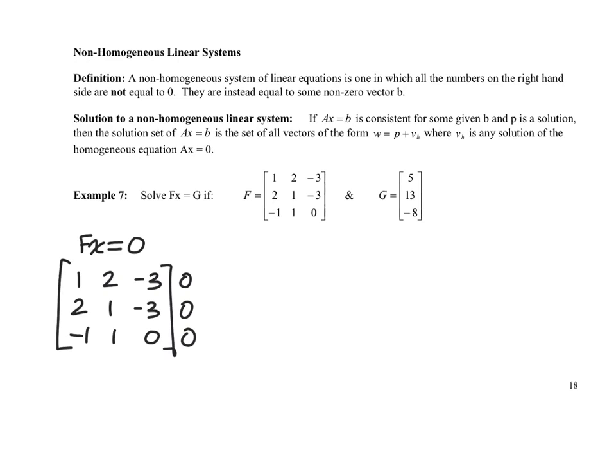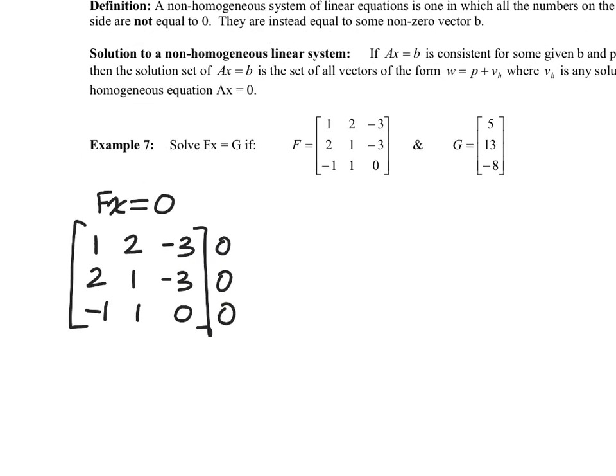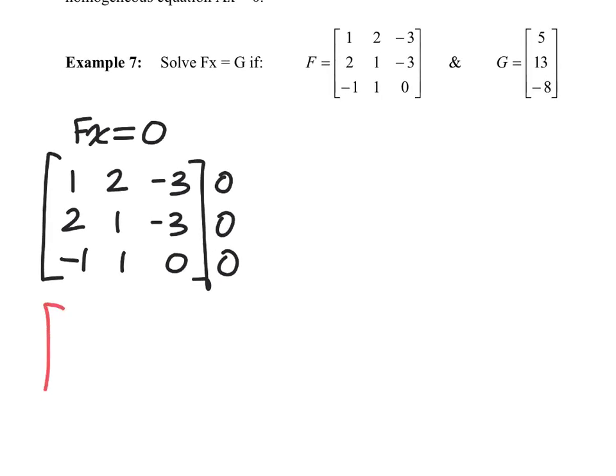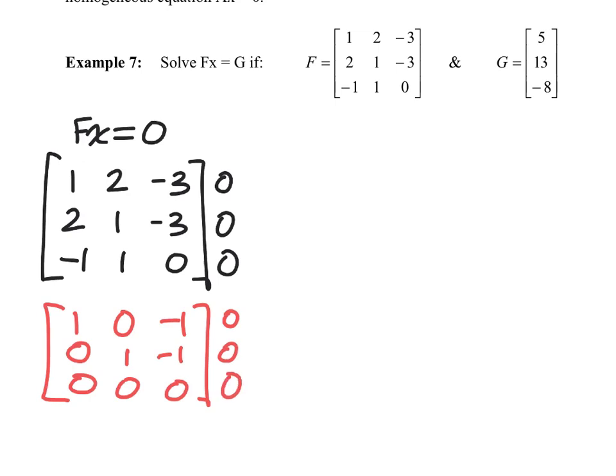All right, so 1, 0, negative 1. 0, 1, negative 1, and 0, 0, 0. All right, so this is my RREF.